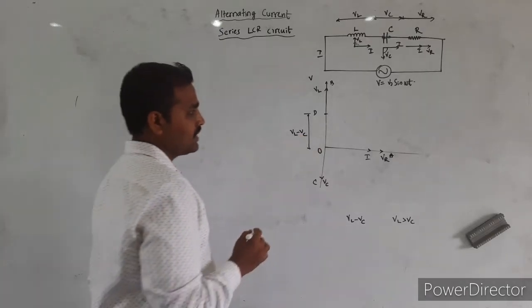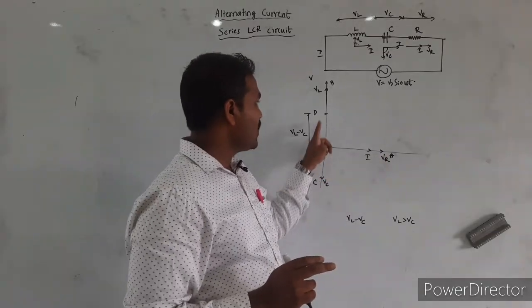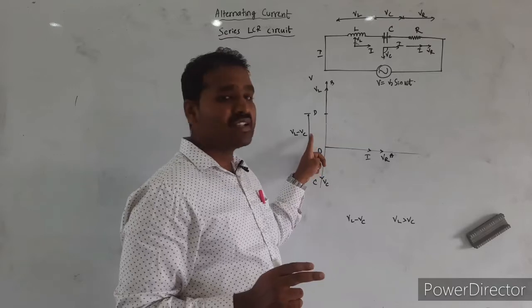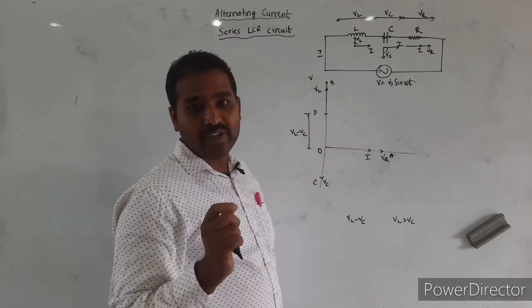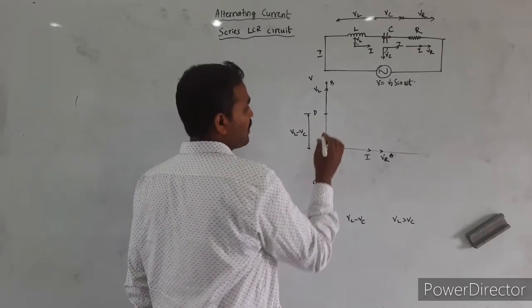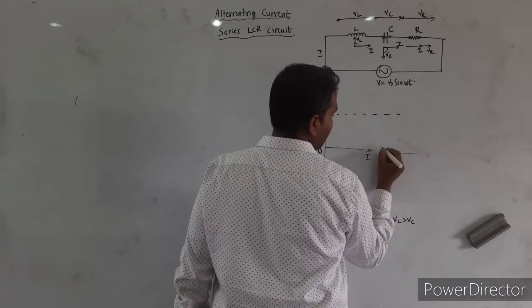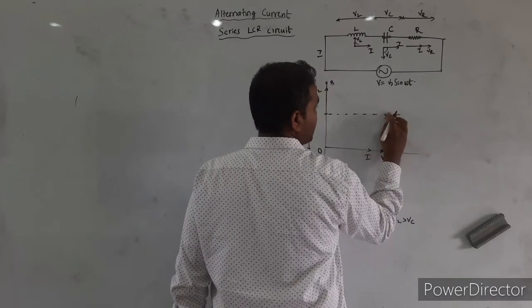Now I have two vectors, one is VR, another is VL minus VC. The resultant of these two vectors, the resultant of these two voltages, can be obtained by the law of parallelogram. I will just extend this here, and let us construct a rectangle using these two sides.